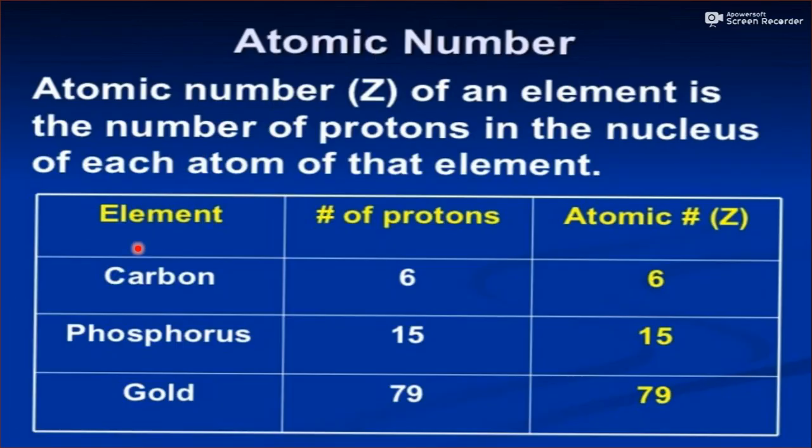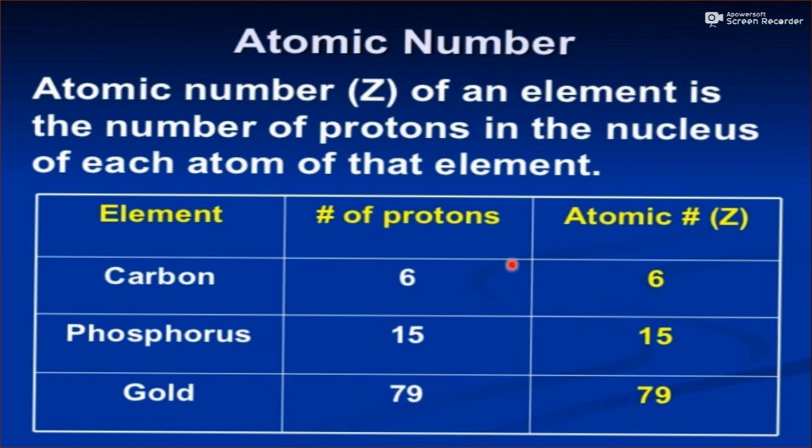Here you can see the number of protons present in these three elements, and the same is the atomic number. 6 protons, so the atomic number is 6. 15 protons, so the atomic number is 15. 79 protons, so the atomic number is 79.